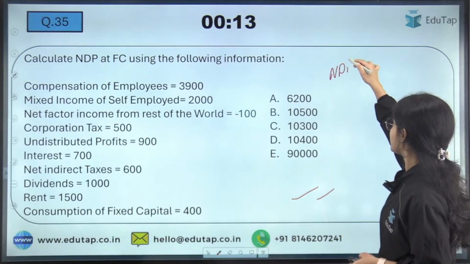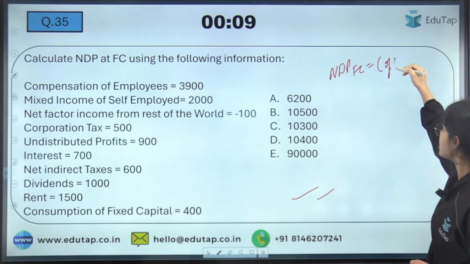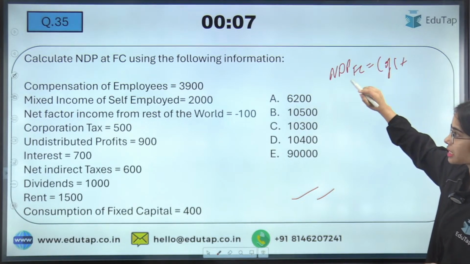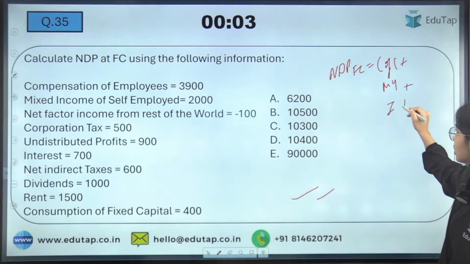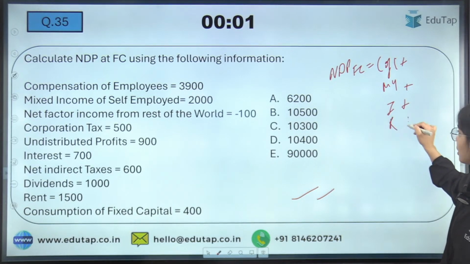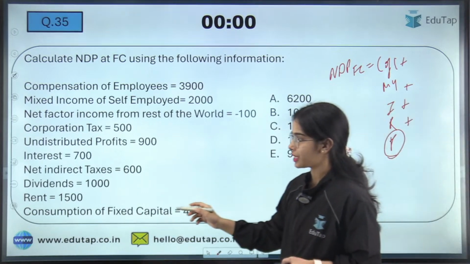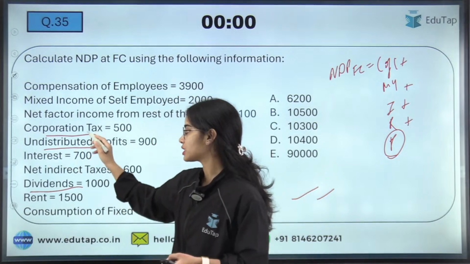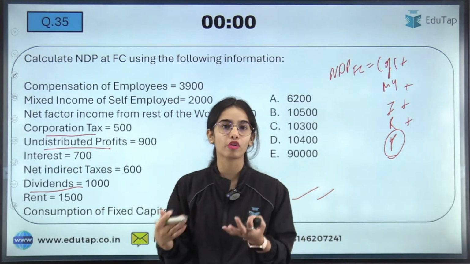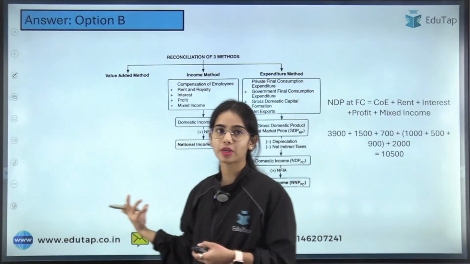NDP at FC is your compensation of employees plus mixed income plus interest plus rent plus the profits. Profits are divided into dividends, corporate tax and undistributed profits. They are all a part of profit. So directly profit is not given, but the parts are given, so that you can calculate.